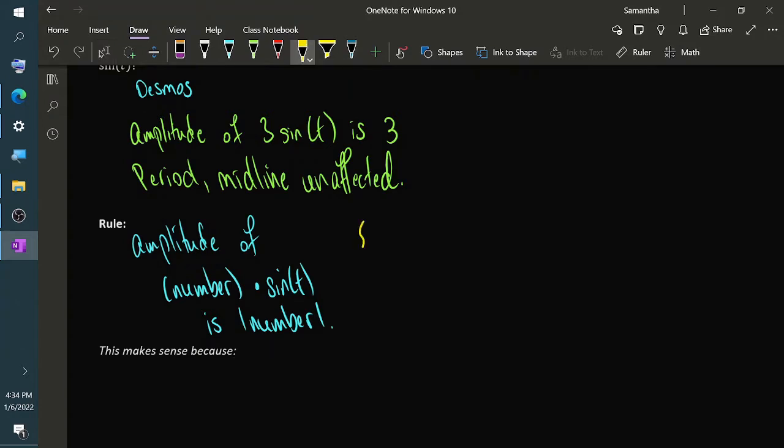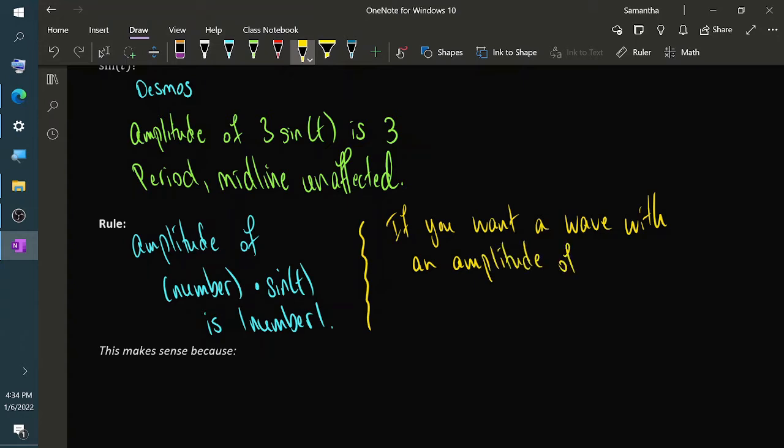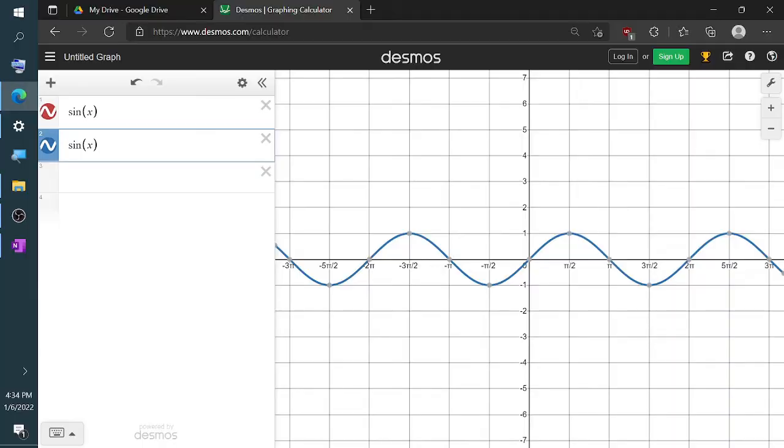Another way to phrase this same rule that might be a little more useful is this: if you want a wave with an amplitude of, let's say, a, you can achieve that by multiplying the regular ordinary sine function by the desired amplitude a. For example, someone says, I would like to construct a wave with an amplitude of 7 units.